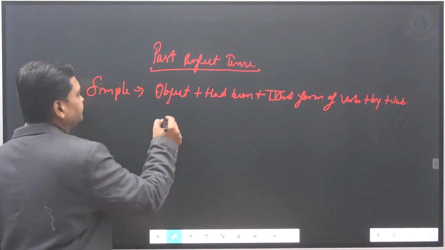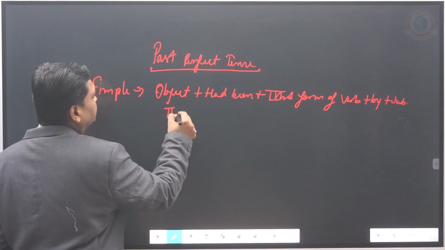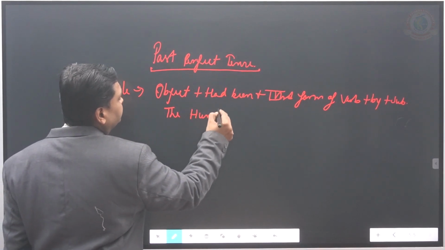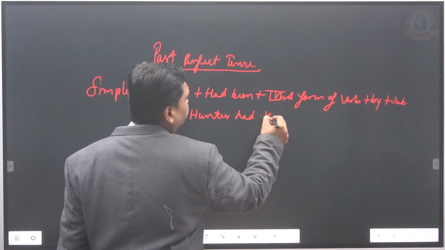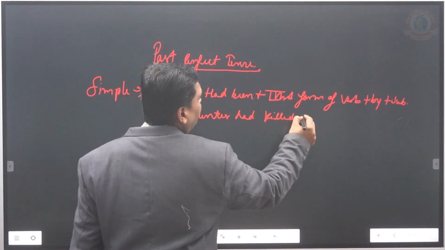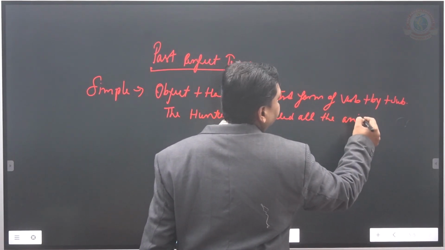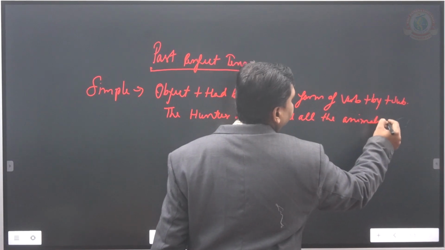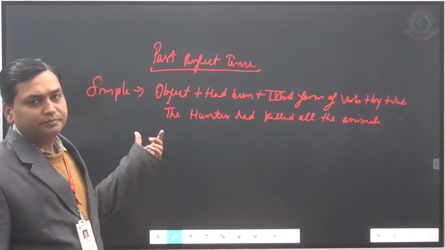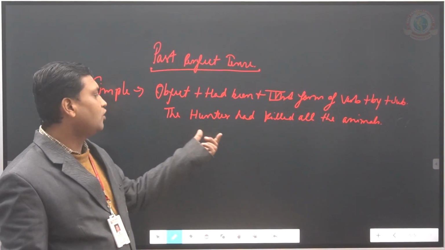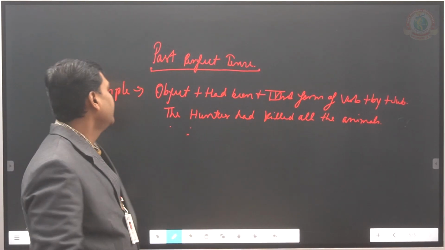Suppose the sentence is: the hunter had killed all the animals. We should be aware that this sentence is of past perfect: subject plus had plus third form of verb plus object.